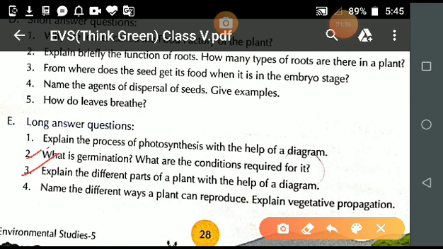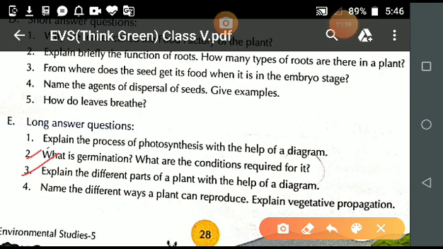And the process by which green plants make their own food in the presence of sunlight, water, and carbon dioxide is called photosynthesis.